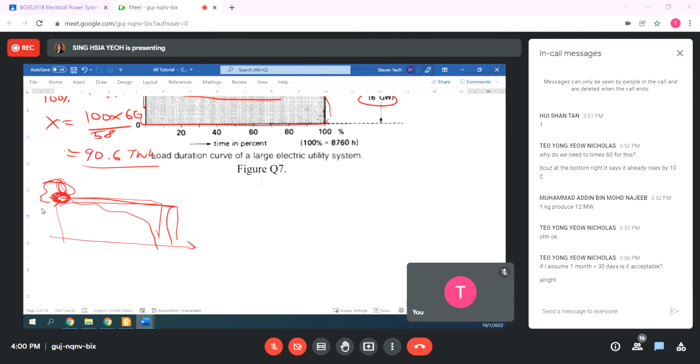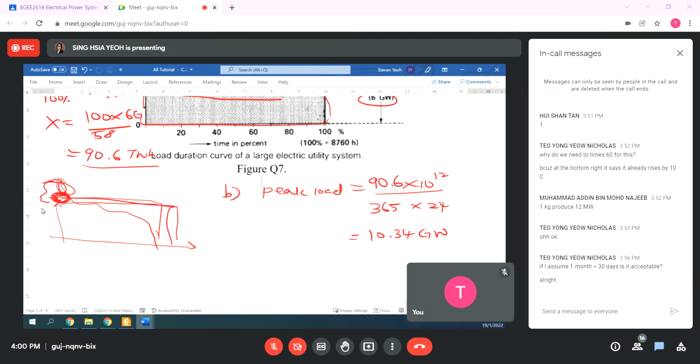So it is basically part B, the peak load will be equals to 90.6 times 10 to the power of 12 divided by 365 days times 24 hours. So which is 10.34 gigawatt. That's it.